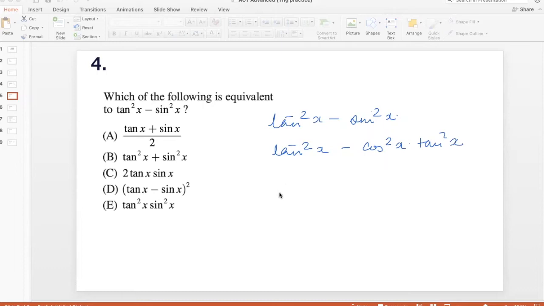And from these two terms, I can take tan square x common. So I get 1 minus cos square x. And 1 minus cos square x is sine square x from the identity. So I get tan square x times sine square x. So tan square x minus sine square x will be tan square x times sine square x, option E.